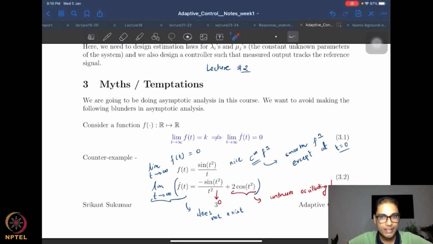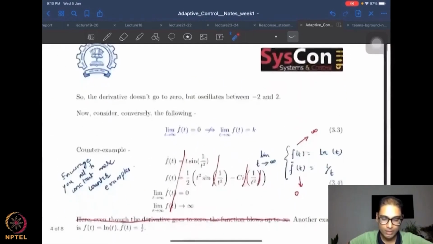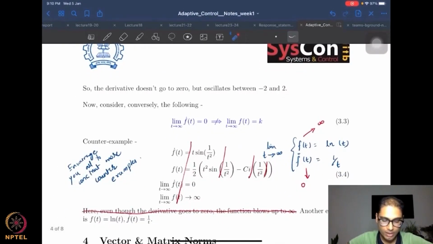We picked a relatively nice function. The derivative in fact continues to oscillate between -2 and 2. So the derivative doesn't go to 0, but it oscillates between -2 and 2.